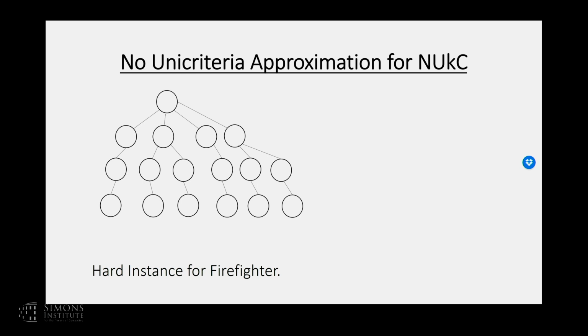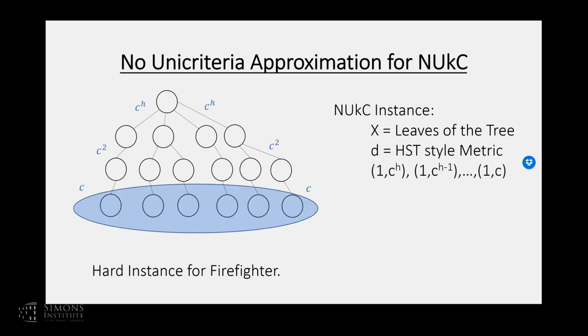So suppose I have the hard instance for Firefighter, and I want to construct a metric. So here's the metric. Basically, it's the tree metric where the costs are exponentially growing. So on these I just have cost c. These have c squared all the way up to c to the h. I'm trying to say that there is no c-factor algorithm. So that's the metric. And what do I have as the radii?